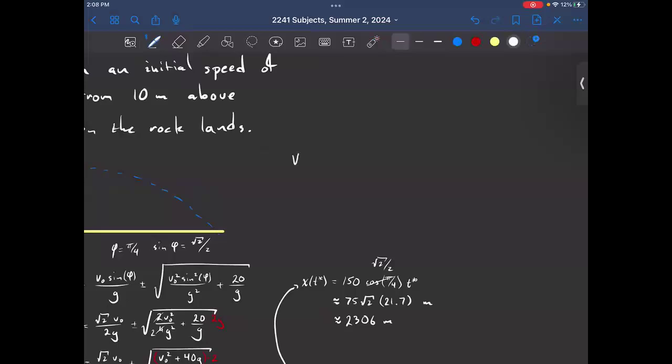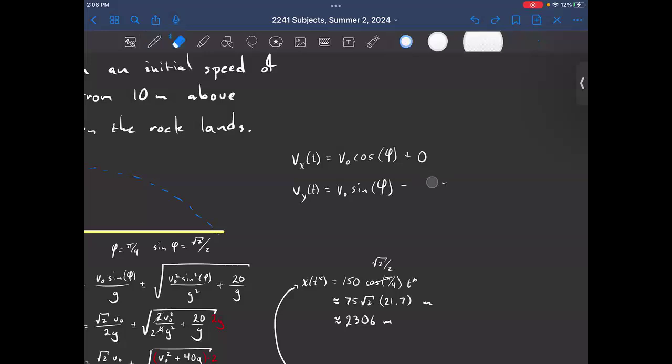We have vx of t equals v0 cosine of phi plus 0. vy, not vx, of t equals v0 sine of phi minus 1/2 gt, not t squared in this case. Oh, and actually, sorry, not 1/2, just g t, minus g times t.